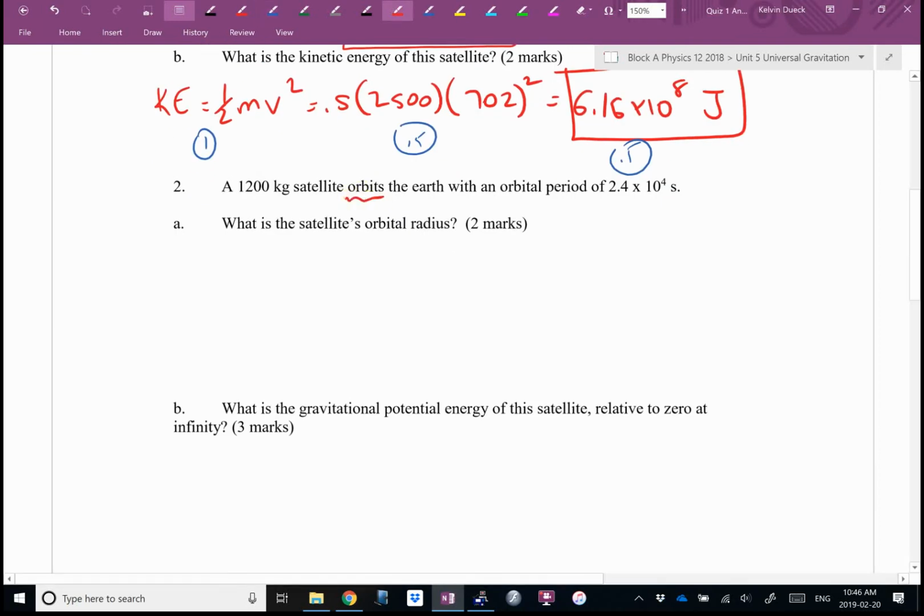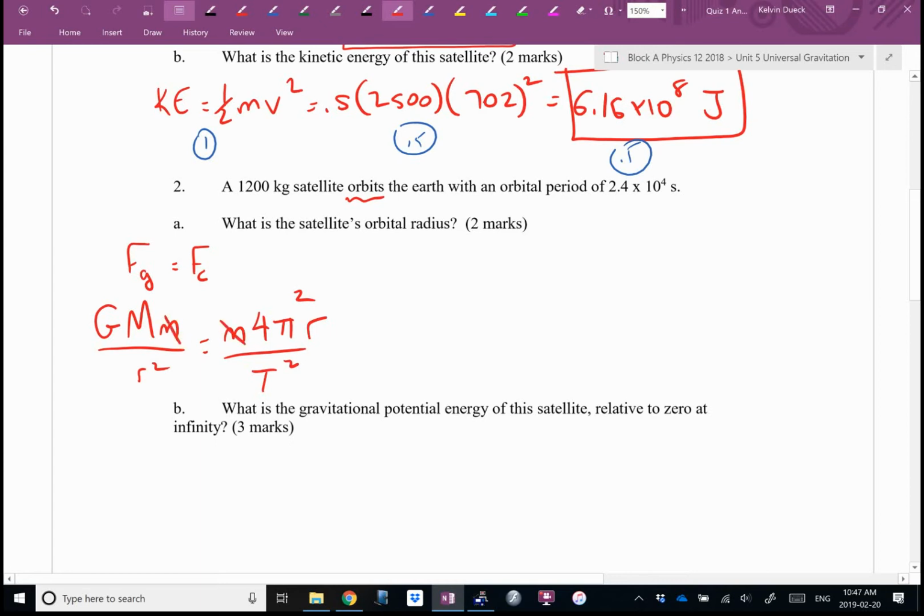Again, the key word here, Johnny, is orbits. So I can again start out by saying gravity is what's pulling me in a circle. And I can say big G, big M, little m over r squared equals m. Since it's talking about period, I'm going to go 4 pi squared r over T squared.